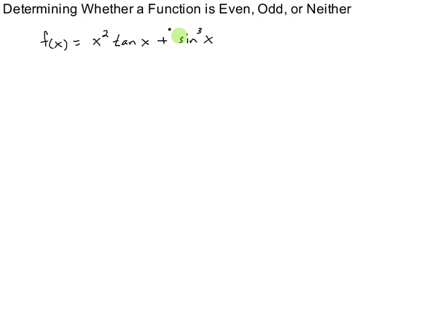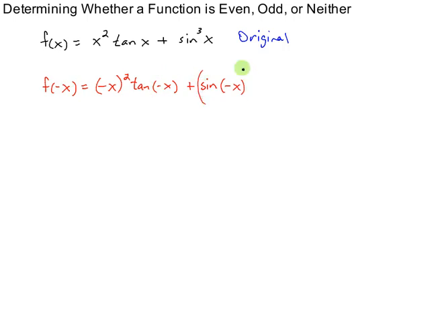Here is another function. We'll proceed through the same process. We need to evaluate the function at negative x and see what happens. Now, if you're not comfortable with sine cubed of x, you could always write sine of negative x, since we're plugging negative x in, and that whole thing is cubed, and we'll see what happens with that.